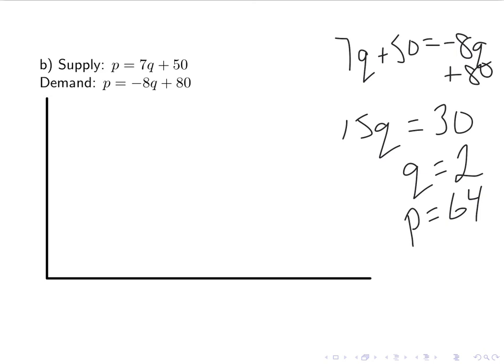And then, again, I want that equilibrium point to be somewhere in the middle. So I'm going to go by ones and just make them kind of big. For the y values, I need to make sure that I can tell 50, 64, and 80 apart. So I'm going to go by, say, 15s.